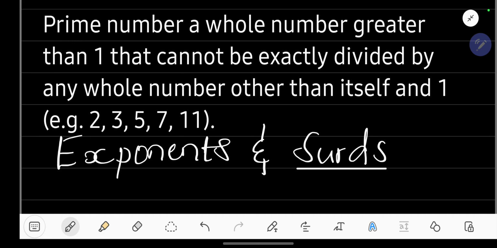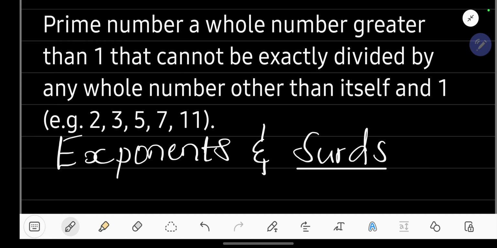Okay, so guys, I just want us to remind ourselves what prime numbers are. It is very, very crucial for you to remember what prime numbers are, because when you work with exponents, prime numbers will be your friends. You need to use them so that they can help you out.